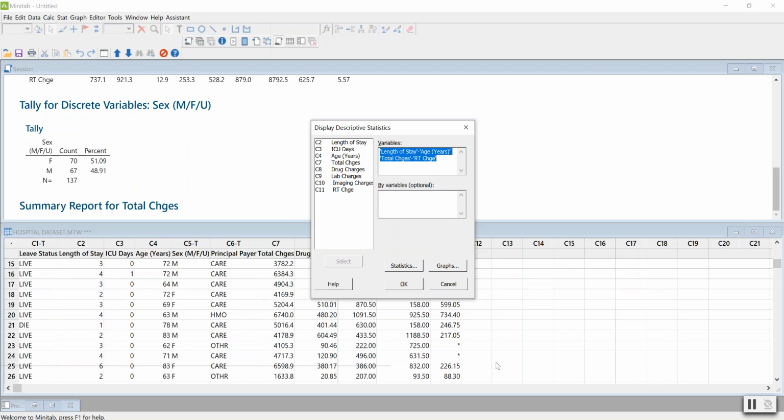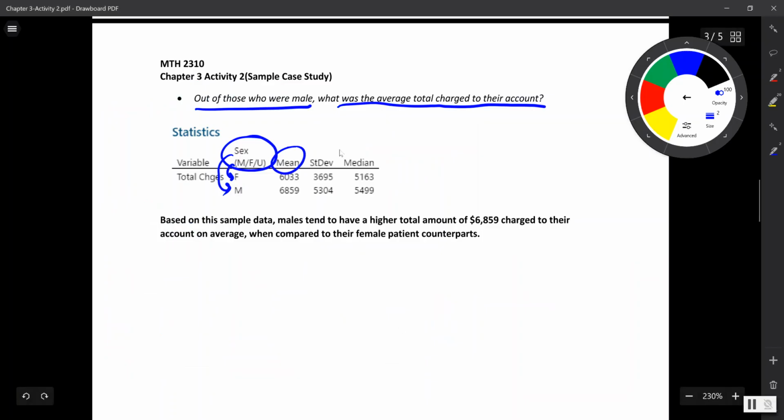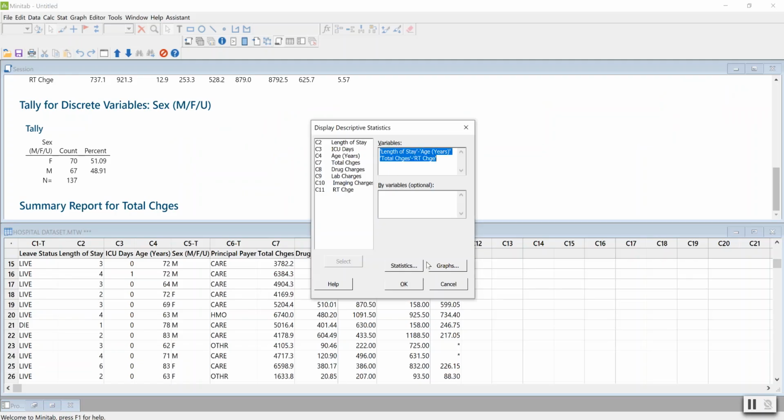In this case, based on the question, we're interested in total charge split by male or female. So the analysis is going to be on total charges, and I would like Minitab to group them by sex. And then click on Statistics.